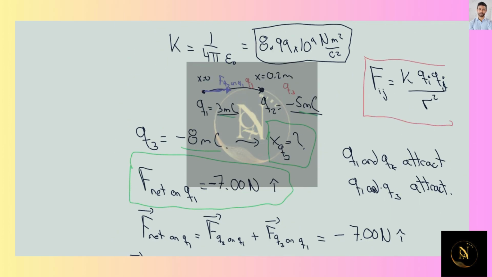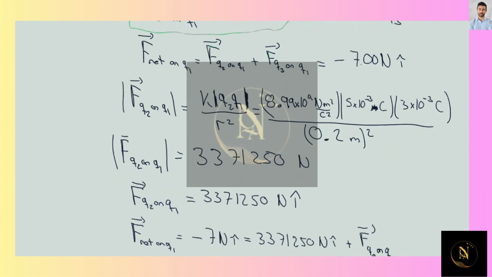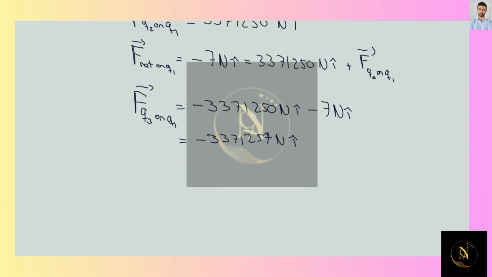Because we want the force to be negative, so Q3 needs to be somewhere over here. For the force, let me write down the vector here. So for the force of Q3 on Q1 to go on the negative axis, this is going to be towards the left.